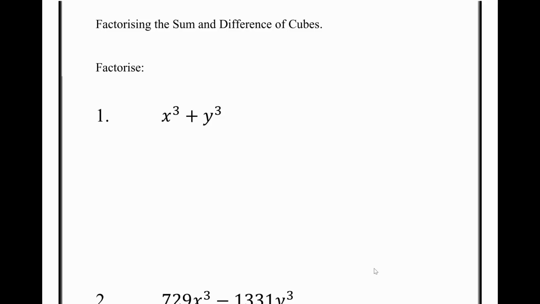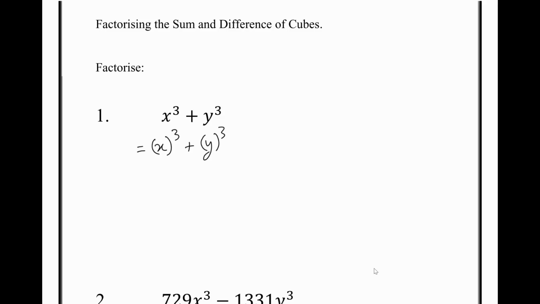Next, we have a sum of cubes. With a sum of cubes, we have to remember the formula, which basically states that we have the first part to the power of 3 plus the second part to the power of 3. The bases in this equation are x and y.